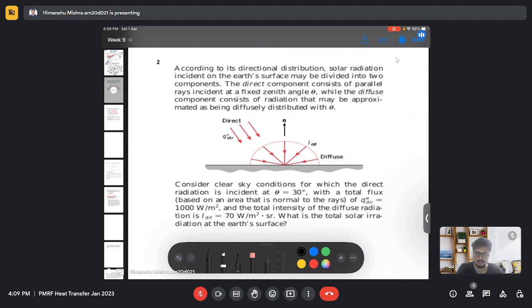Consider a clear sky for which direct radiation is incident at theta 30 degrees with a total flux, based on an area normal to the rays, of Q, given as 1000 watt per meter square, and the total intensity of the diffuse radiation is 70 watt per meter square per steradian. What is the total solar irradiation on the Earth's surface?